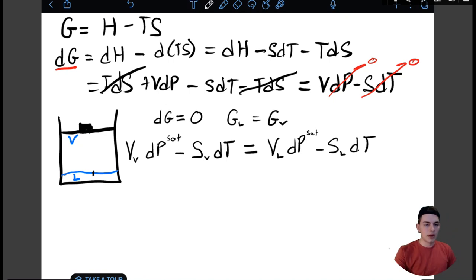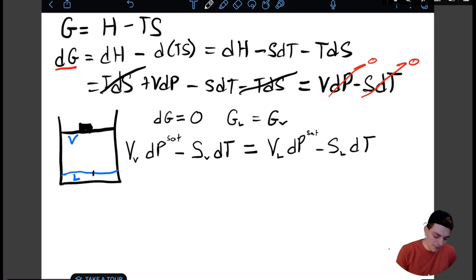And from here, what we want to do is move all of our pressure and volume terms to one side of the equation and all of our entropy and temperature terms to the other side of the equation.